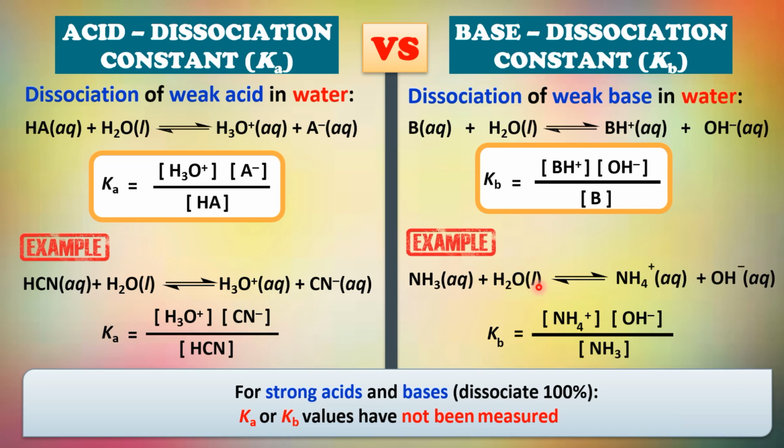Remember, liquid is not considered in the Kb expression, and you will get Kb equals concentration of NH4 plus times concentration of OH minus ion over concentration of NH3. And one more thing, strong acids and bases dissociate 100%. That is why Ka or Kb values have not been measured for strong acids and strong bases.